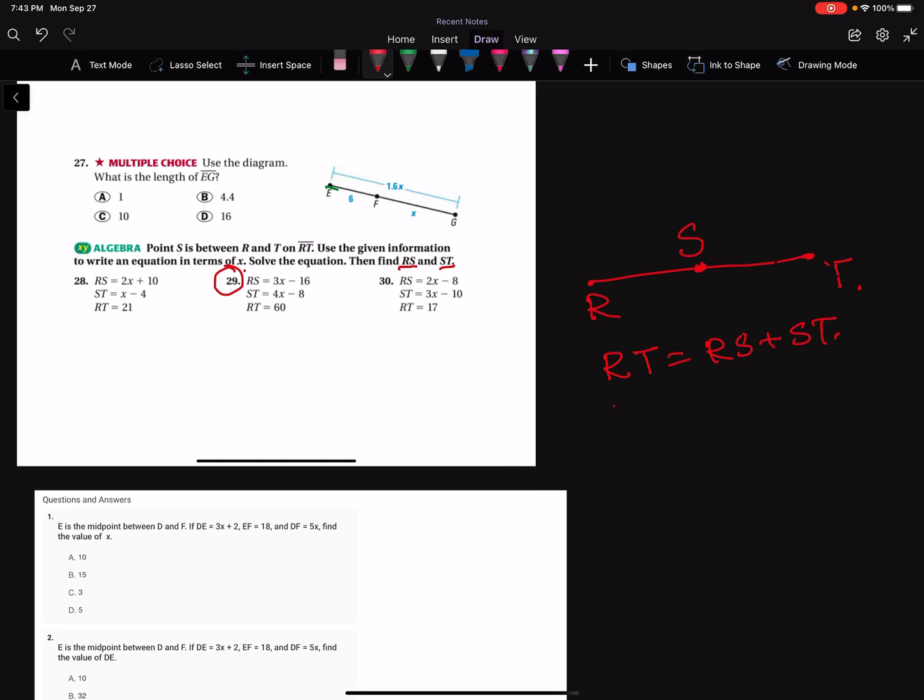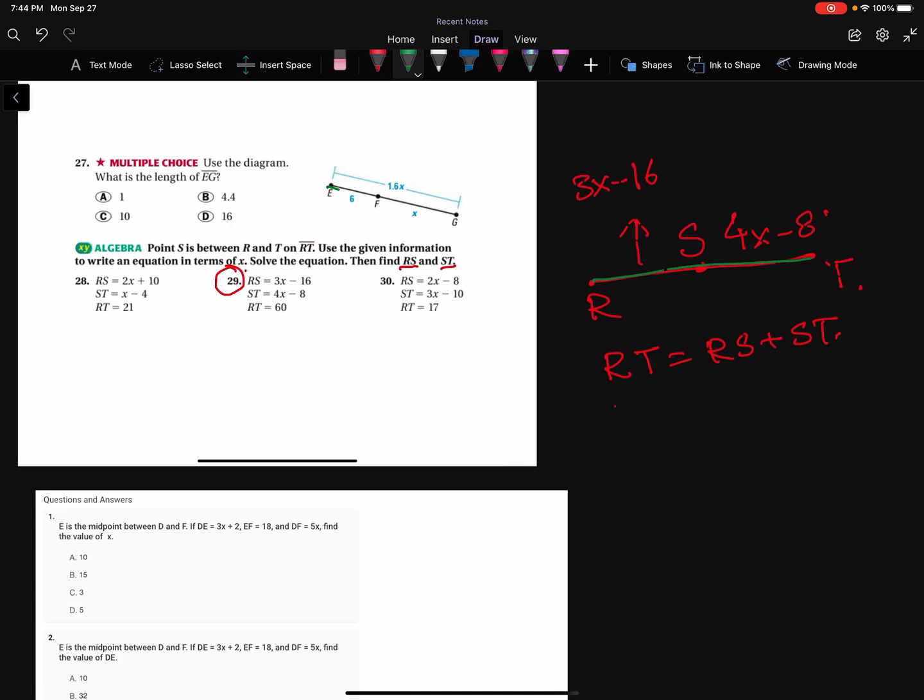So, let's say 20. This RS is given as 3x minus 16. You have done this many times with the midpoint formula, but that time the point was in the middle. Now it's not in the middle. That's the only difference. Then ST is 4x minus 8, and this whole RT is given as 60.